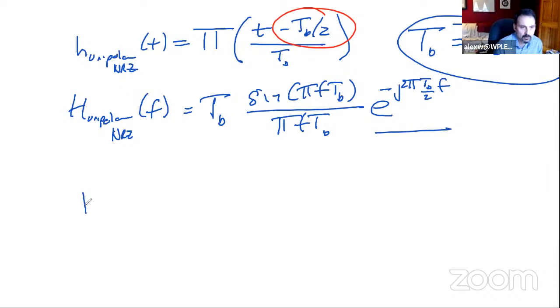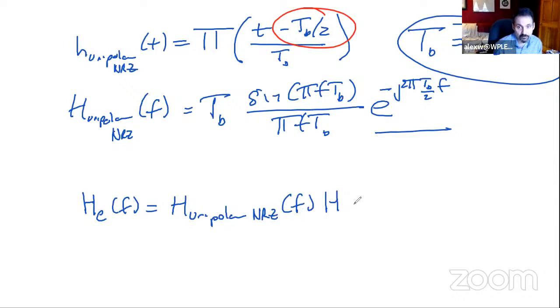If we were to get HE of F, we have this fella multiplied. Remember, in frequency, it's multiplied. HRC, that represents our channel.